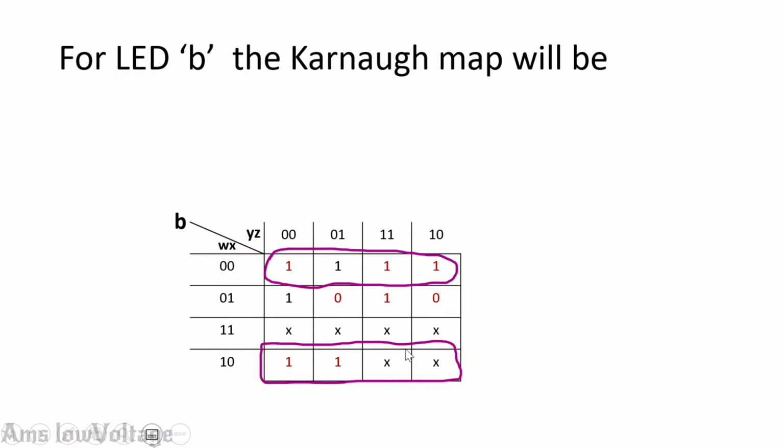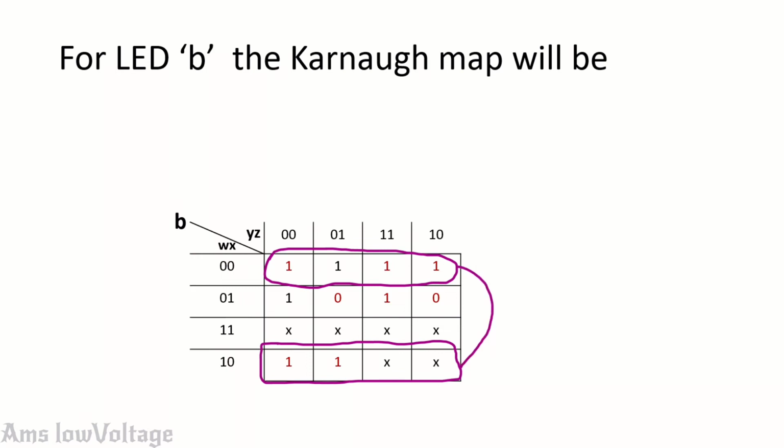This is the group for B, and this is the rule of the Karnaugh map. You can group from the top and bottom, from this side to this side, and corner to corner. I'll tell you that again in our next video, how a Karnaugh map actually works.